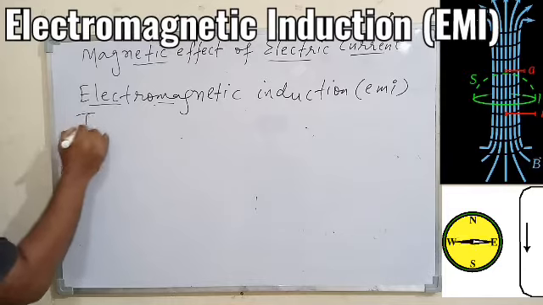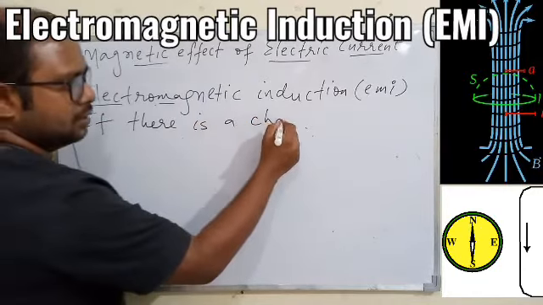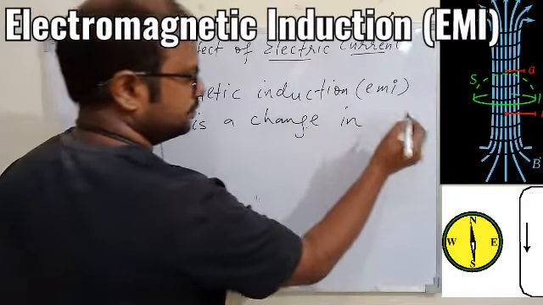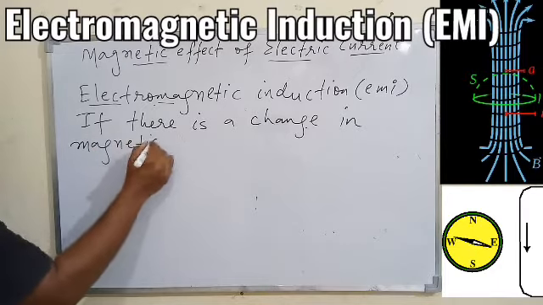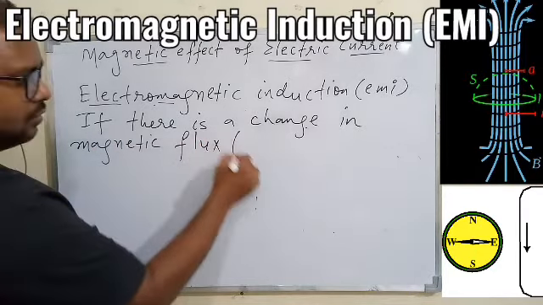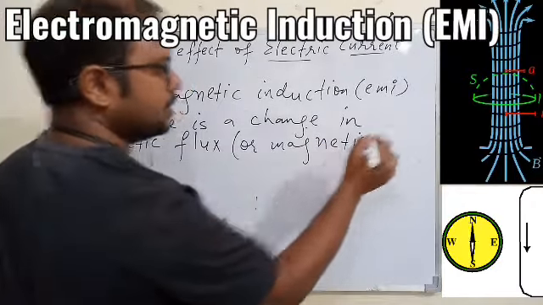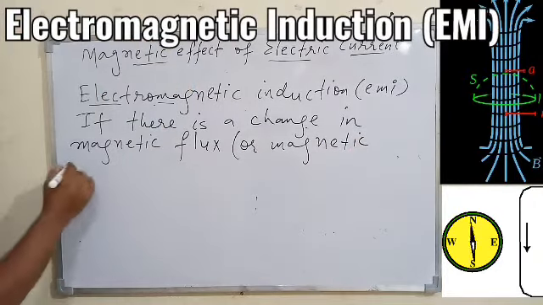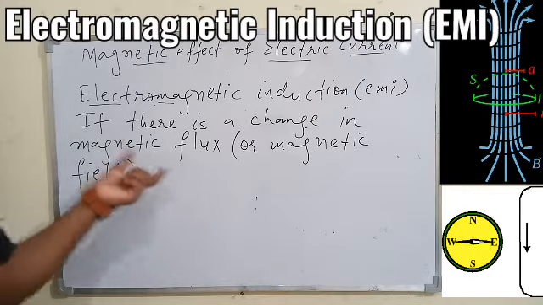So it says that if there is a change in magnetic flux, or I am writing magnetic field. In 10th class, even if you write magnetic field, it's okay, that's not a problem, and NCERT is also talking about magnetic field and not the magnetic flux.